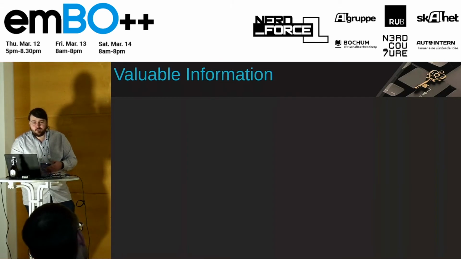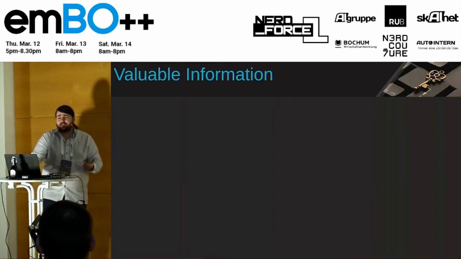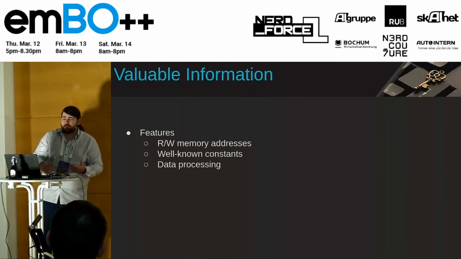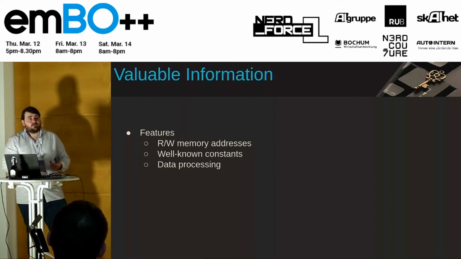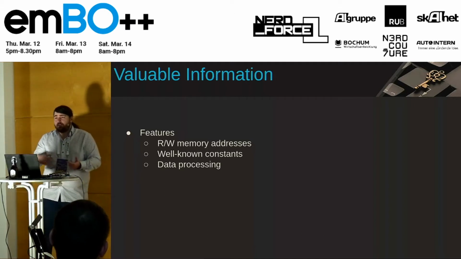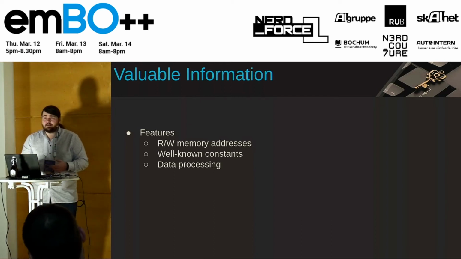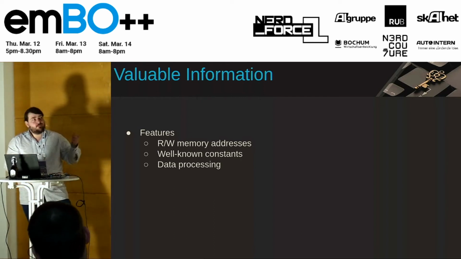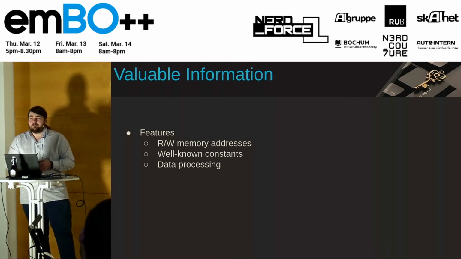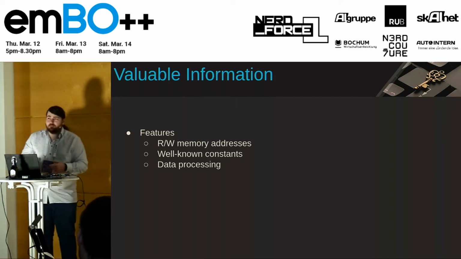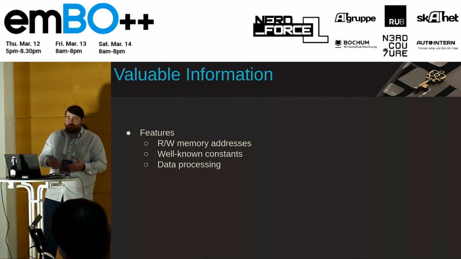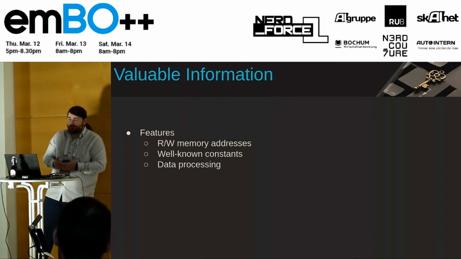And what you're mostly looking for is this kind of valuable information. You're looking for something we call features. These are read-write memory addresses in, like, the peripheral region, and you're also looking for well-known constants. For example, one of these constants we looked at before just happens to be the speed of sound. And of course, if you're doing time-of-flight calculation, you probably need the speed of sound.